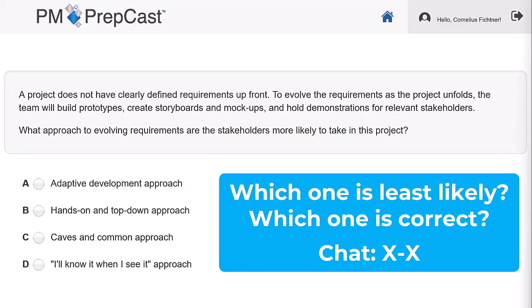Are they going to be using adaptive development approaches? Are they going to do a hands-on and top-down approach? Are they using a caves and commons approach? Or are they going to use the, well, I know it when I see it approach? So again, in your answer, tell me in your first letter, this is the least likely of the four, and your second letter, this is what I think is correct. So I'm expecting 2 letters in your responses.